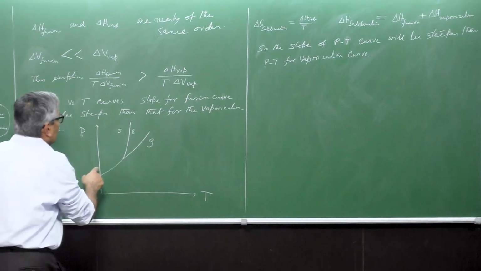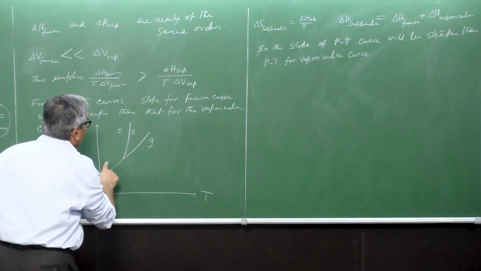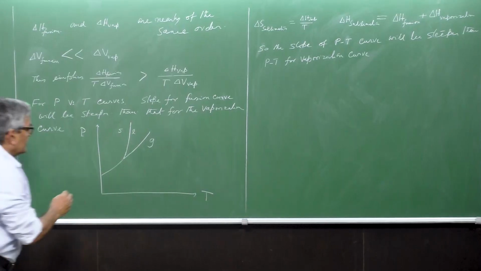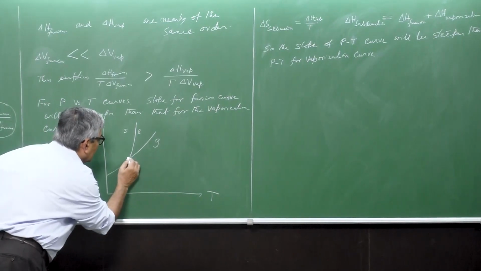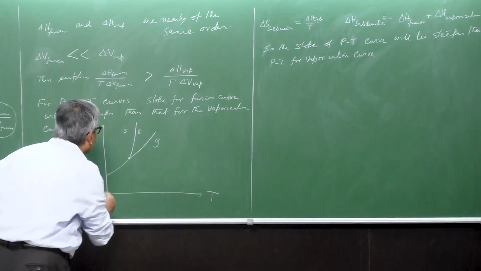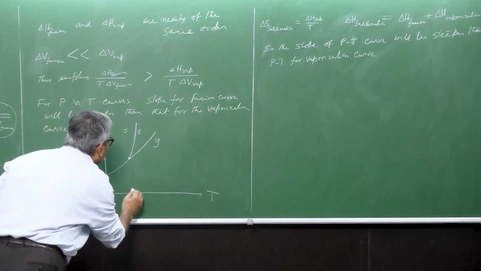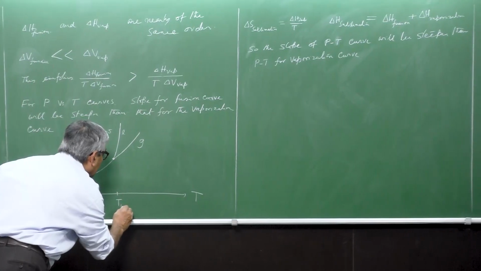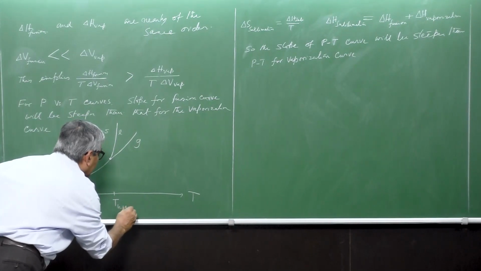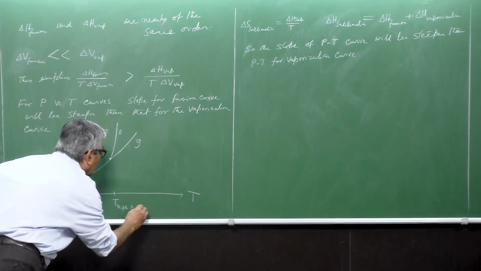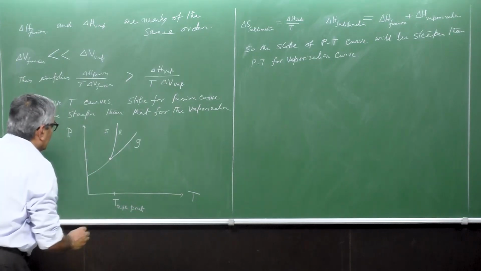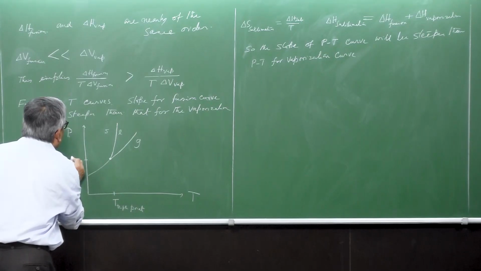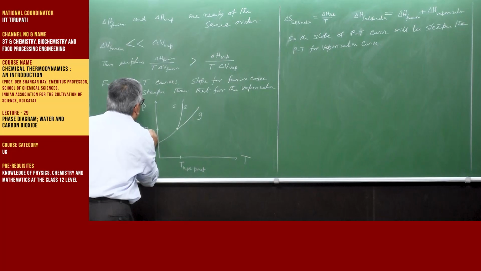So, this gives me a solid to gaseous phase direct transition from here to here. And this is basically the triple point, corresponding to a definite pressure and at a definite temperature. T is the triple point, and this is the pressure at the triple point.